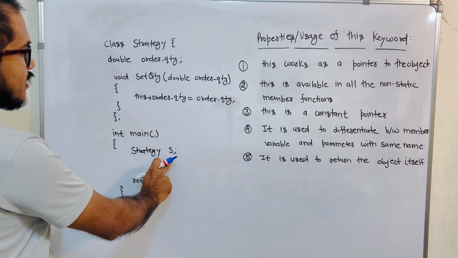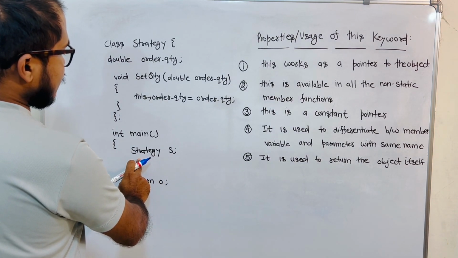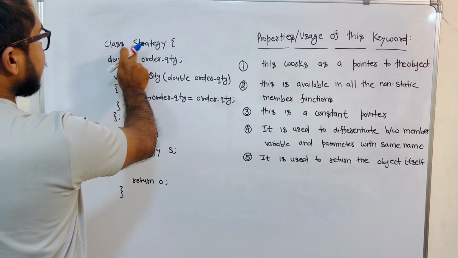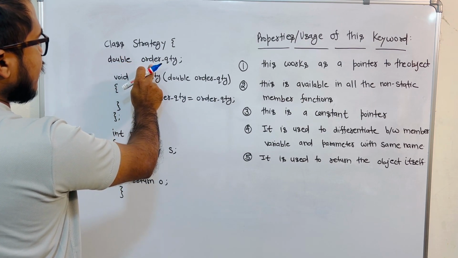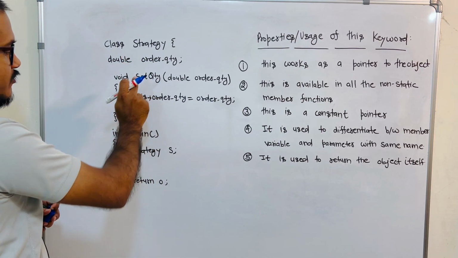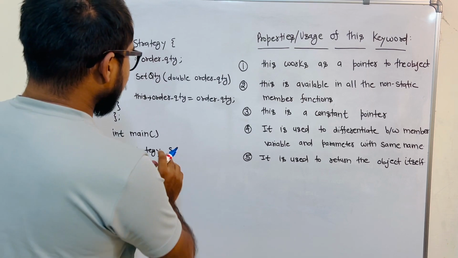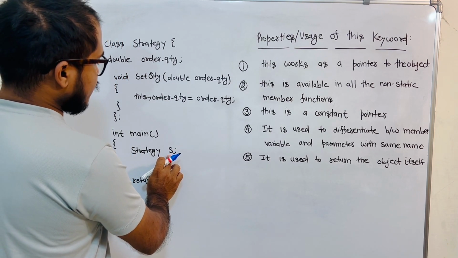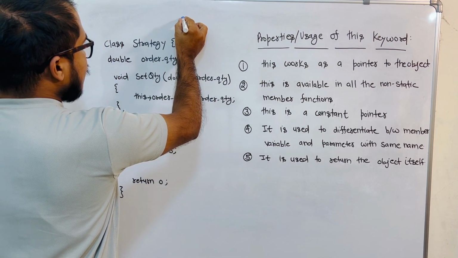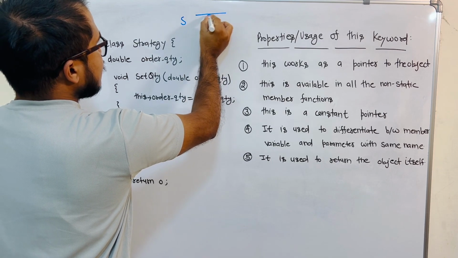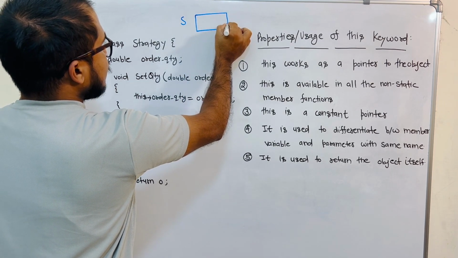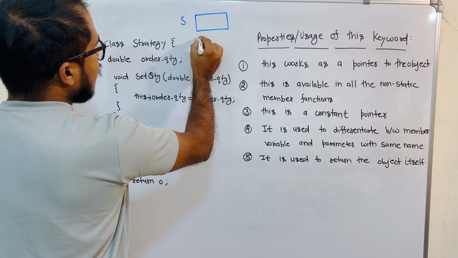Let's say I am creating the object of this strategy class S, and this strategy class can contain different member variables and member functions. So what will happen? I am creating the object of this particular class S, and let's say that object is getting created at memory location, let's say 100.